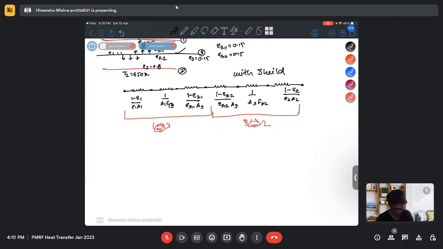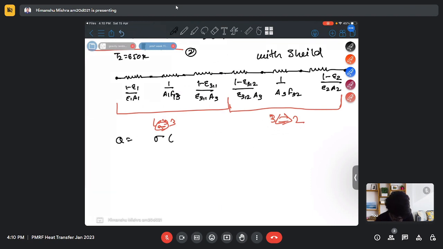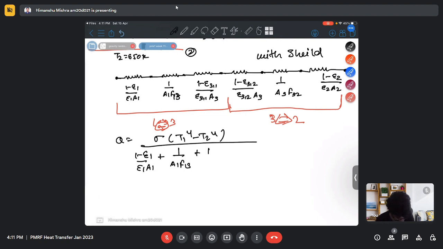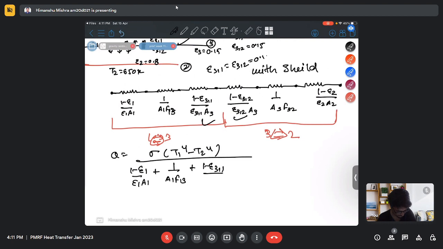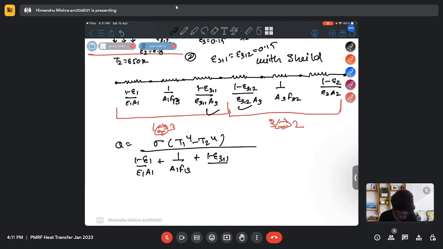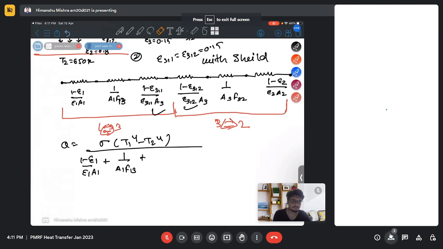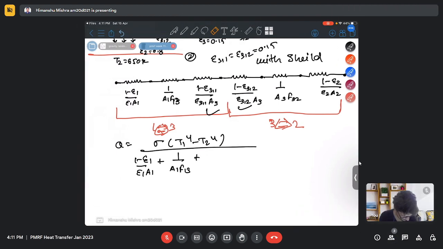So my heat transfer between plate 1 and plate 2 will be, basically these two terms are the same because my emissivity is the same here, 0.15. I'm just multiplying with 2.